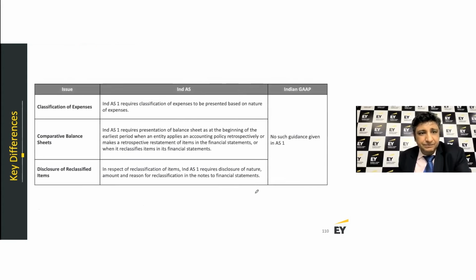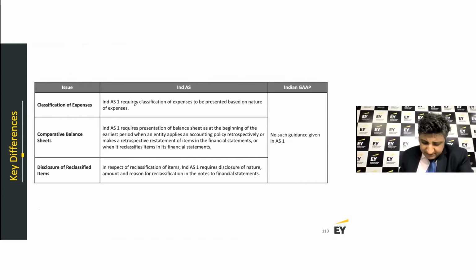The other set of differences, specifically under Ind AS 1: you need to present your expenses on the basis of nature. It's a normal presentation of the statement of profit or loss. The kind of structure that we saw is categorically defined as presentation by nature, the nature method.